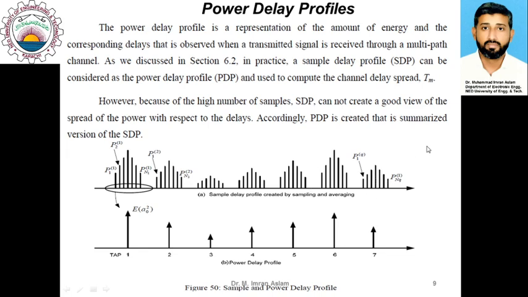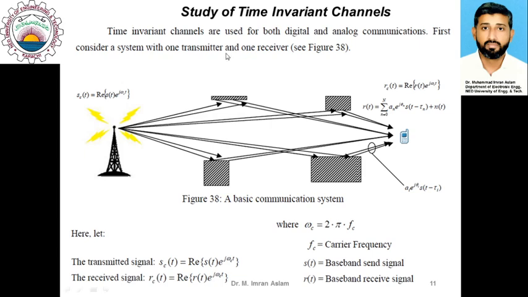Let me quickly show the previous figure that I presented in the last lecture as well. You can see that the rays coming from this scatterer will be grouped in one sample delay profile. The rays coming from the other one would be represented as a group in the other sample delay profile, and the multiple rays coming from the third scatterer would be grouped as a sample in the sample delay profile, and so on.